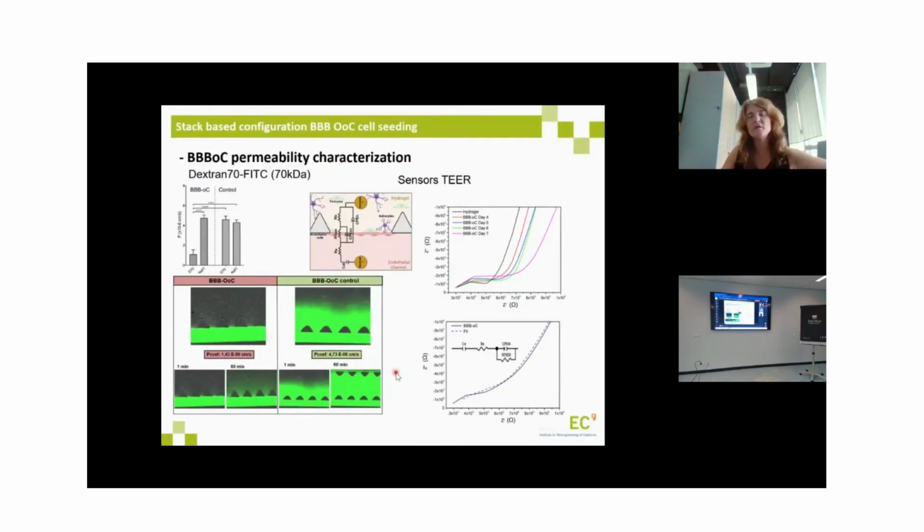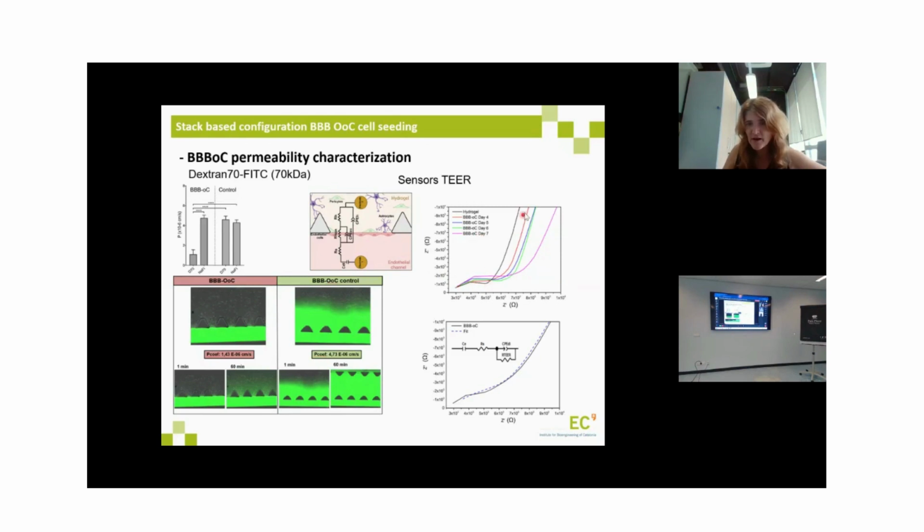So once we have the blood-brain barrier on a chip created, we analyze the permeability of this barrier. We have 2 different technologies. With electrodes, as I commented before, with this impedance, we measure the resistance through this barrier. Here with this Nyquist plot, you can see the evolution of the impedance.